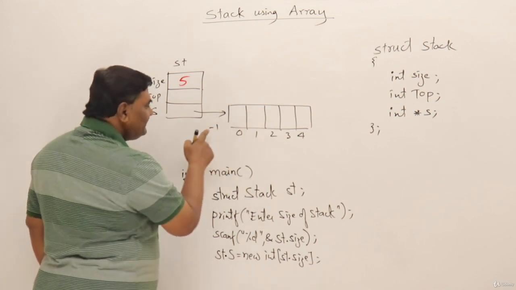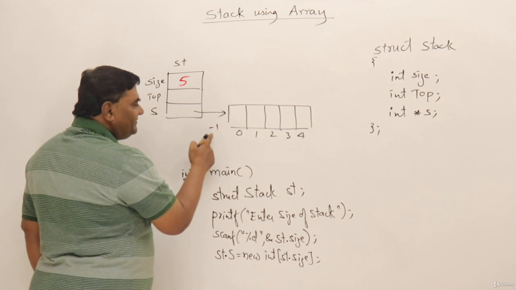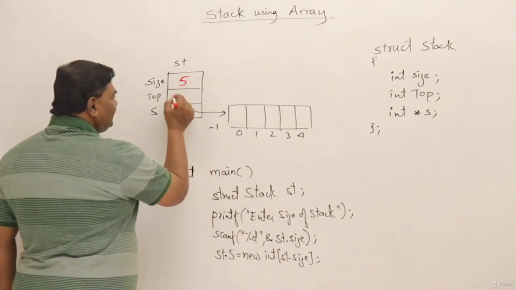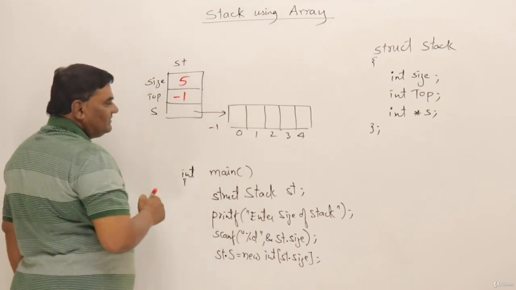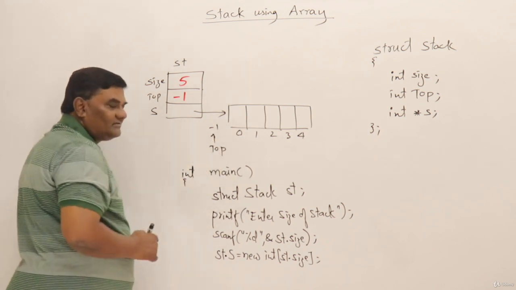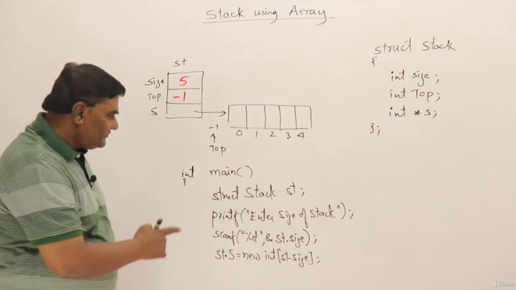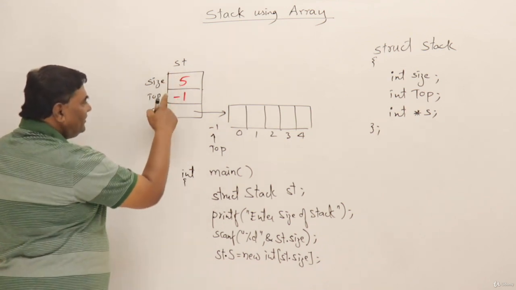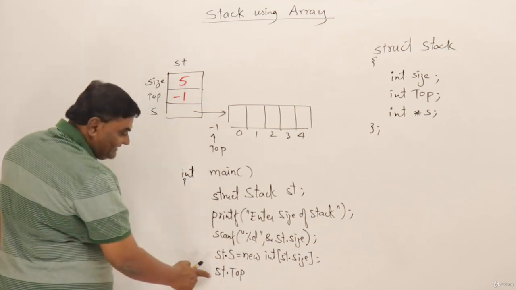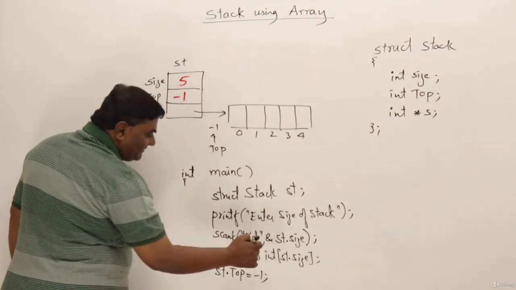This is not there in an array, just we are labeling it as index -1. So top should be at -1. So I should initialize this top as -1. So we say that top is pointing here at -1. So initially top should point at -1. So I should write that code: st.top assign -1.